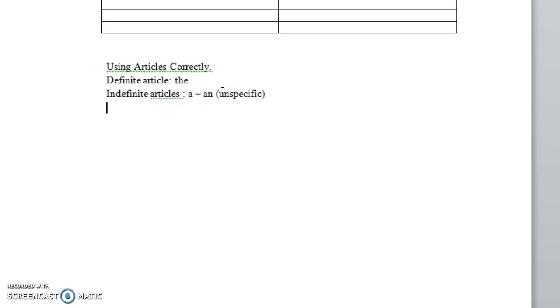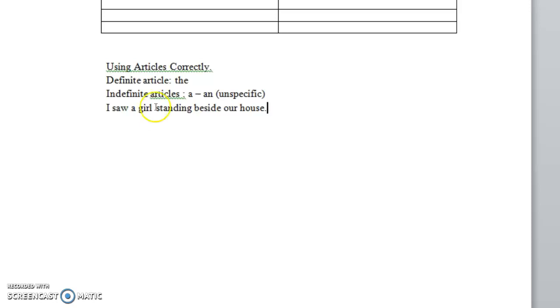For example, when I say, I saw a girl standing beside our house. Okay? A strange girl. A girl, we don't know the girl. She is not specific. So a girl here is not specific.